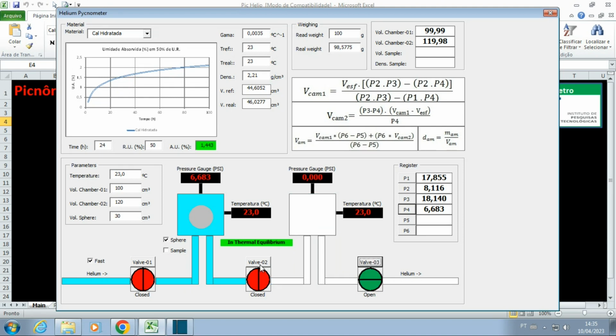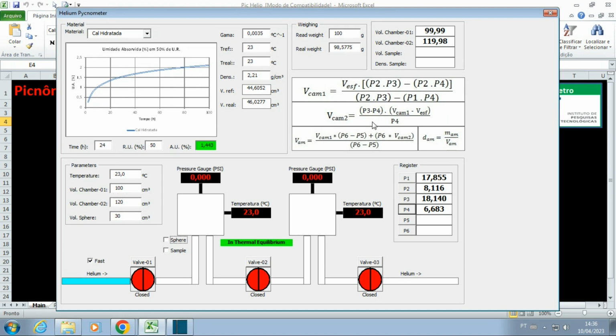The second equation is pressure 3 times the volume of chamber 1 minus the volume of the sphere, which is equal to pressure 4 times the volume of chamber 1 minus the volume of the sphere plus the volume of chamber 2. Solving this system, we obtain equations 1 and 2 from this table. And so we determine the chamber volumes based on the known volume of the sphere.